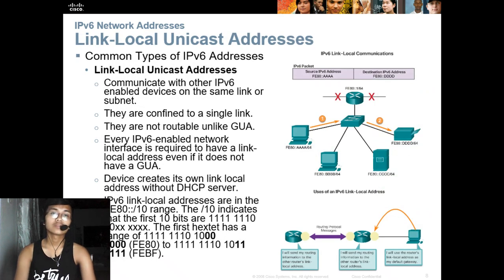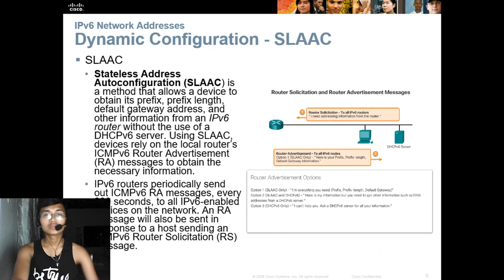A link-local unicast address allows communication with other IPv6 devices on the same link or subnet. SLAAC, stateless address autoconfiguration, is a method that allows a device to obtain its prefix length, default gateway address, and other information from an IPv6 router without the use of a DHCPv6 server.